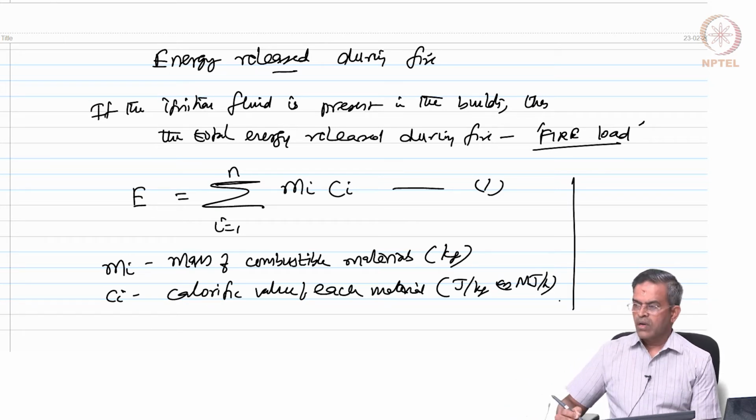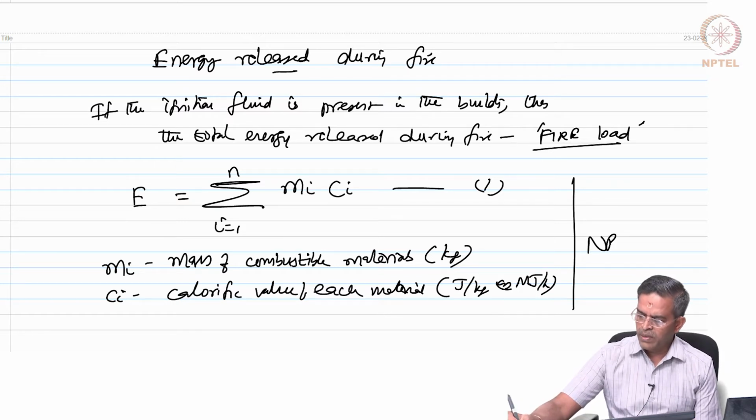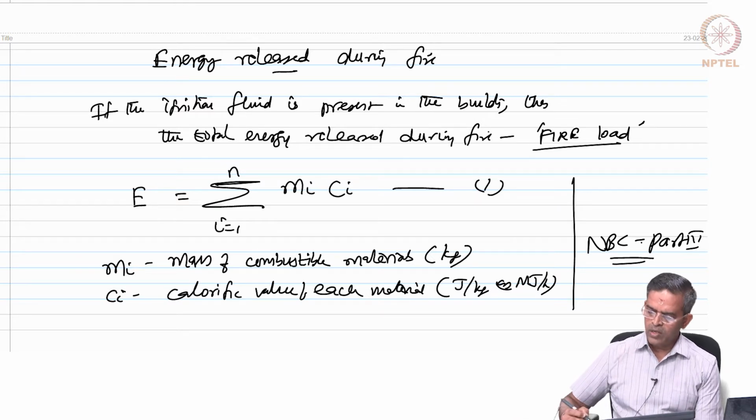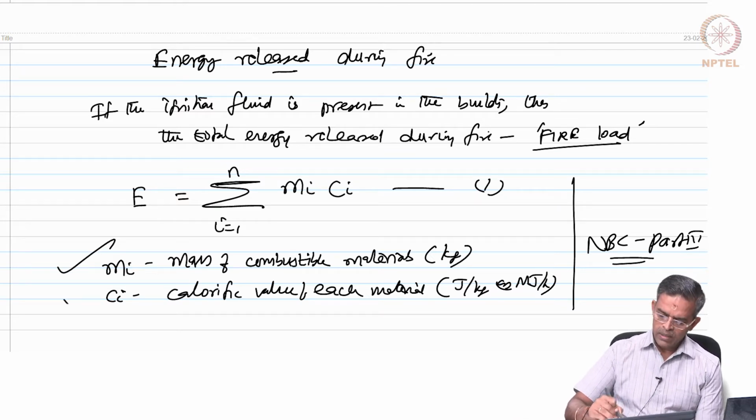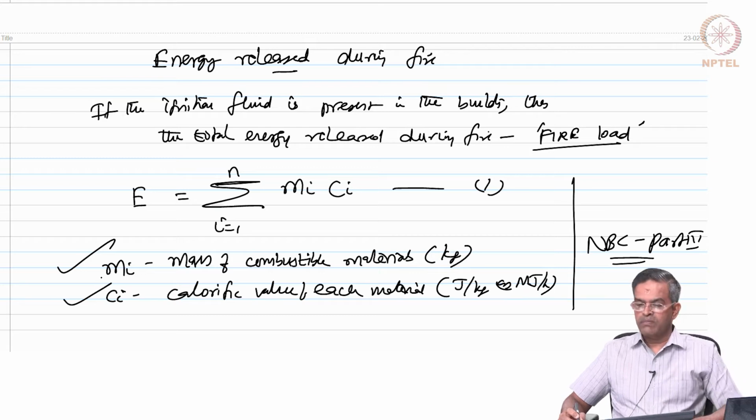For common materials being used in buildings, National Building Code Part 4 gives the Mi and Ci values of different materials.